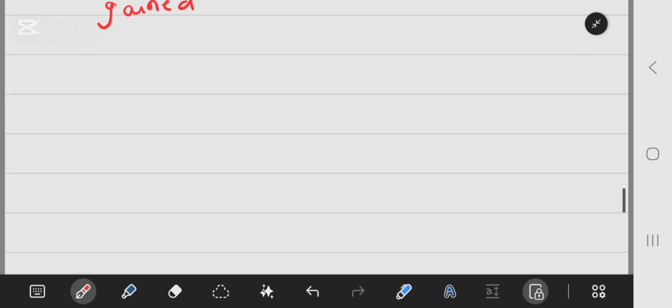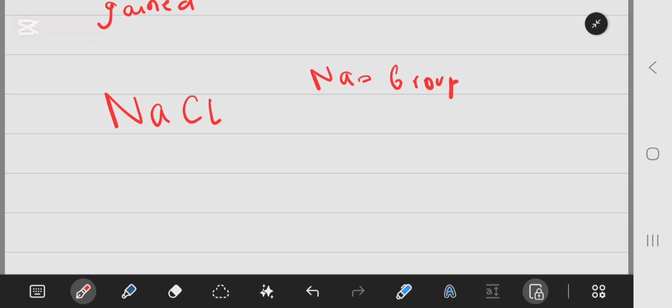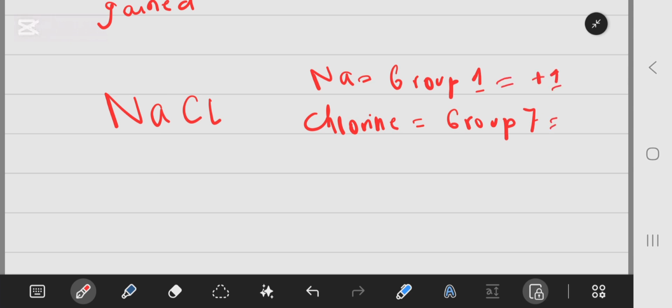Our first example is sodium chloride. Sodium belongs to group number 1, and chlorine belongs to group number 7. So sodium has a charge of +1 and chlorine has a charge of -1.